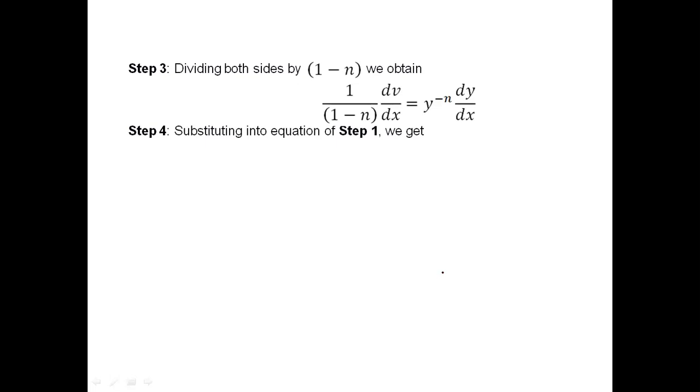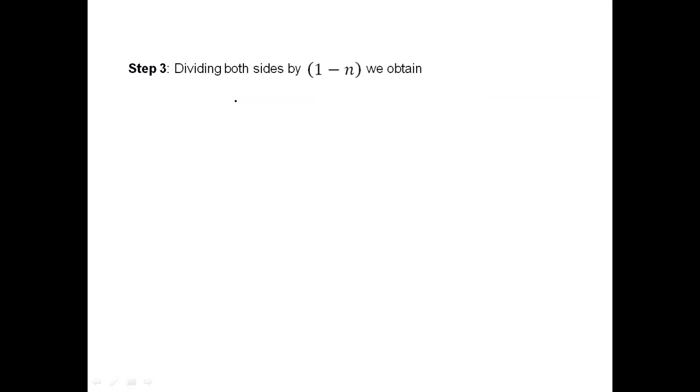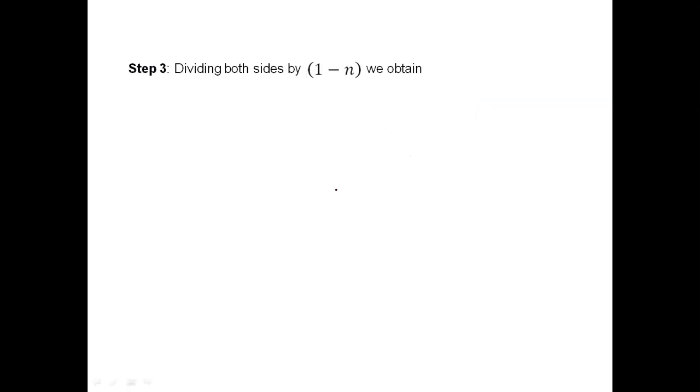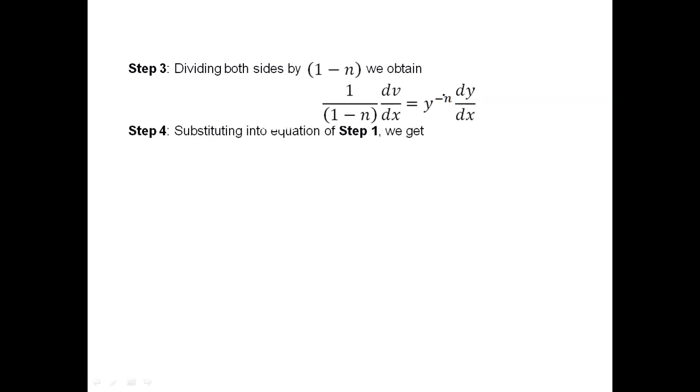Step number 4, we substitute into equation 1 above. Let's get to equation 1 in step 1. So in step 1, we have y raised to the power negative n dy over dx, which is just the same as what we have here.